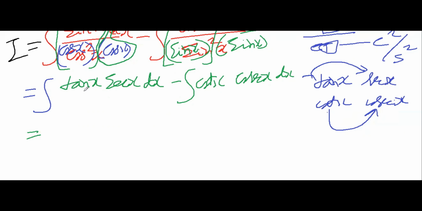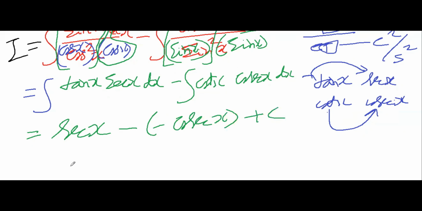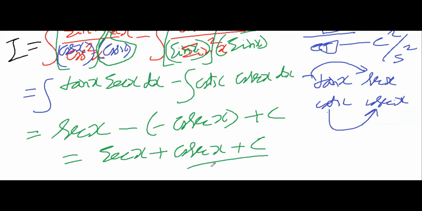The integration of tan x sec x dx will be sec x, and the integration of cot x cosec x dx will be minus cosec x plus c. So what is your answer? Your answer is sec x plus cosec x plus c. This is your answer.